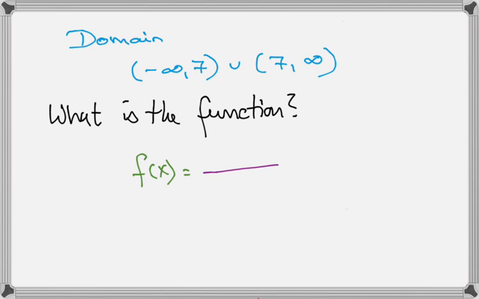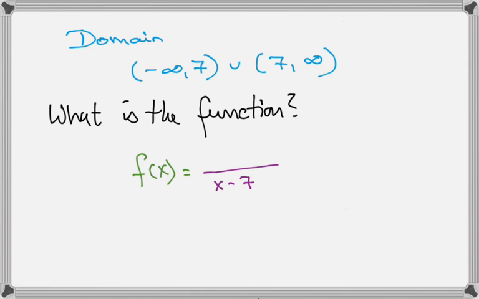Definitely something over something. 2/3. 2/3. Where's that coming from? You have a domain of negative infinity to 7. A 3 isn't going to work. X minus 7 in the denominator. Thank you.